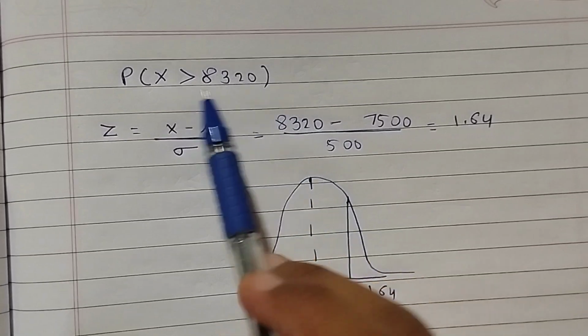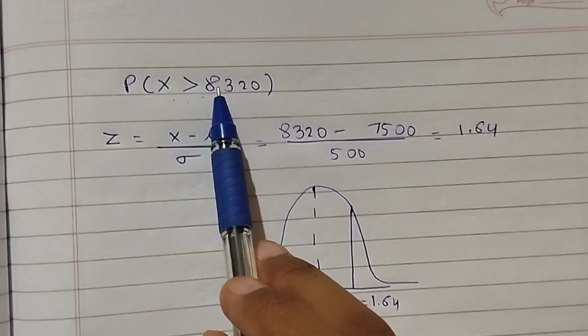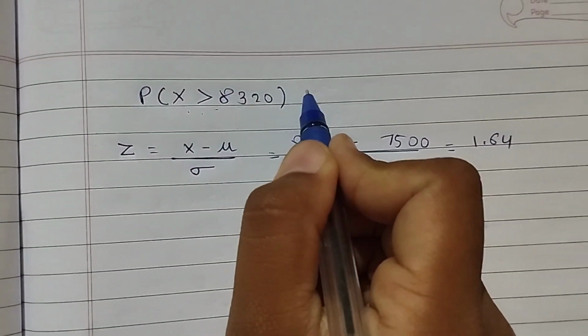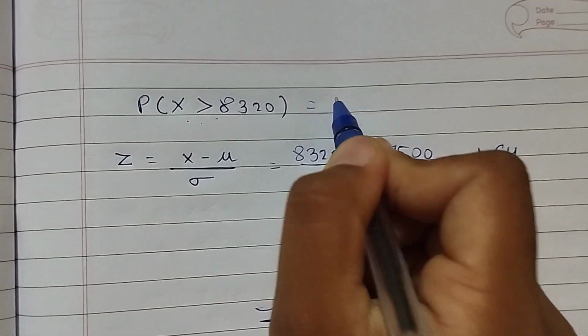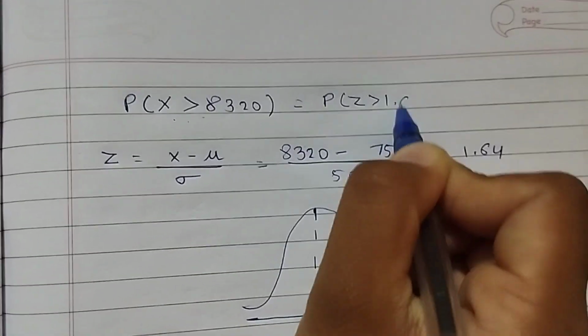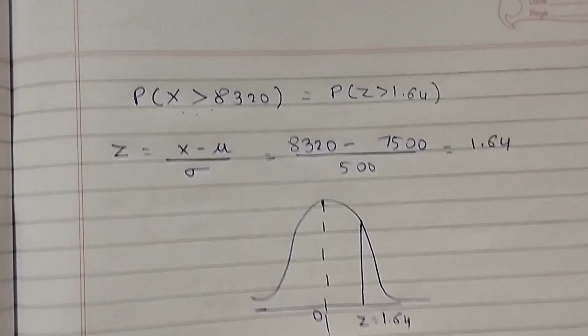Now we want to find the probability that x is greater than 8320. As I said, if x is greater than 8320, then we want the probability that z is greater than 1.64, because these are similar terms.